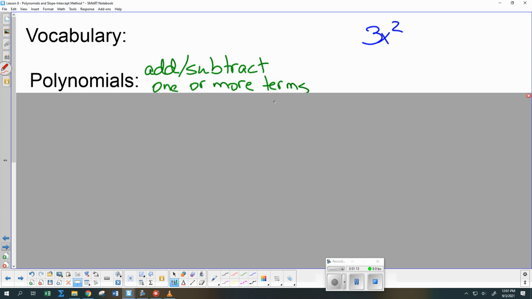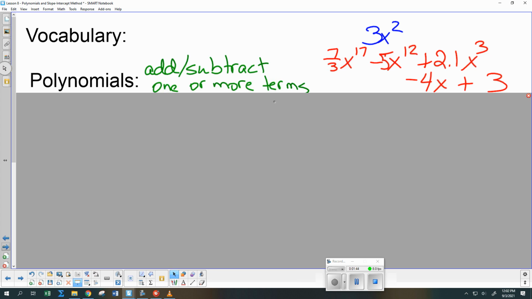Or we might have 7/3 x to the 17th minus 5x to the 12th plus 2.1 x cubed minus 4x plus 3. So see, I've got a bunch of terms with pluses and minuses between them. So one or more with pluses or minuses between them is a polynomial.